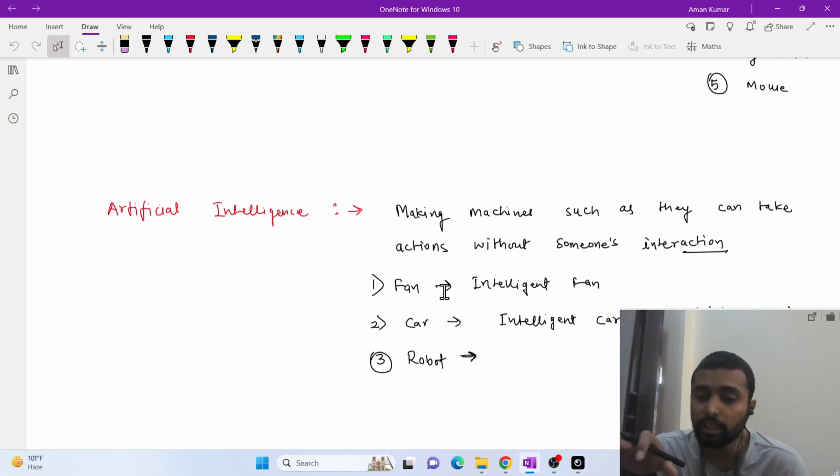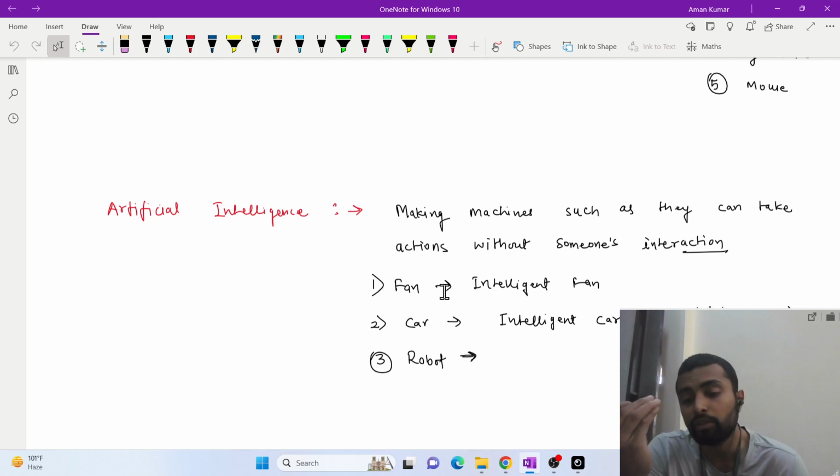Let's say as soon as you enter, the fan automatically turns on and starts running. Think about this scenario. Why will it start running? Because the fan will have some intelligence to measure that, hey, it is a hot season, its temperature is 42 degrees, and someone is entering the room, so I should automatically start.